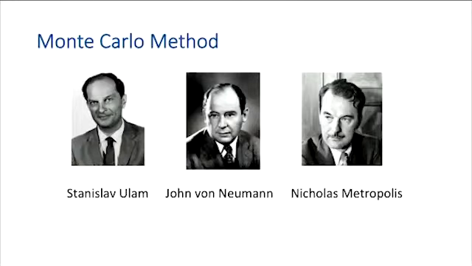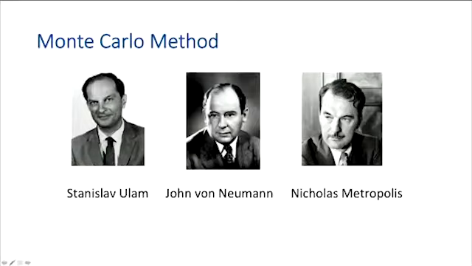And these people, especially these two, Stanislav Ulam, the physicist, and John von Neumann, the mathematician, were involved in the simulation of the fission of uranium atoms, and it was done on an analog computer. And the code name for that project, the Monte Carlo methods, was given by Nicholas Metropolis in honor of the uncle of Stanislav Ulam. Apparently that's the story.